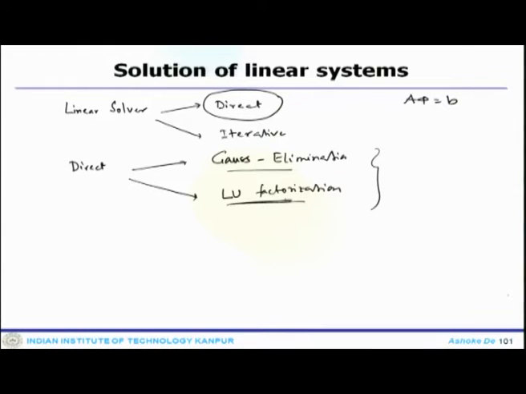On top of that, we did some discussion on these things because they are going to pave the way for our discussion of the iterative solvers. As we go along with the lecture, we will see how these factorizations or elimination processes that we discussed under the direct approach would be handy for the iterative process.